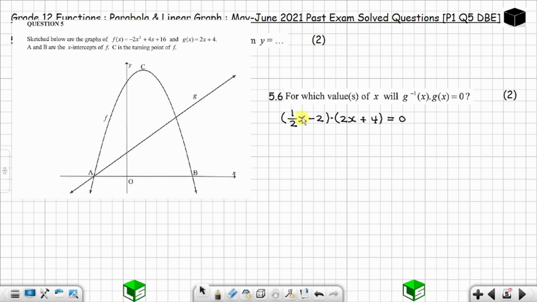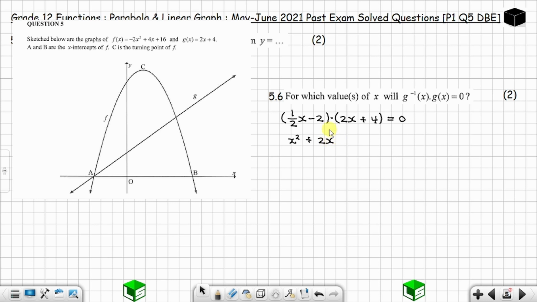Okay, so now you have this times this. So this is half times 2, 2 times half, which is 1, and x times x is x squared. So you have 1x squared. And then now you have this times this. So 1 over 2x times 4. So it's 4 times a half, which is 2, and this is x, so it is plus 2x.